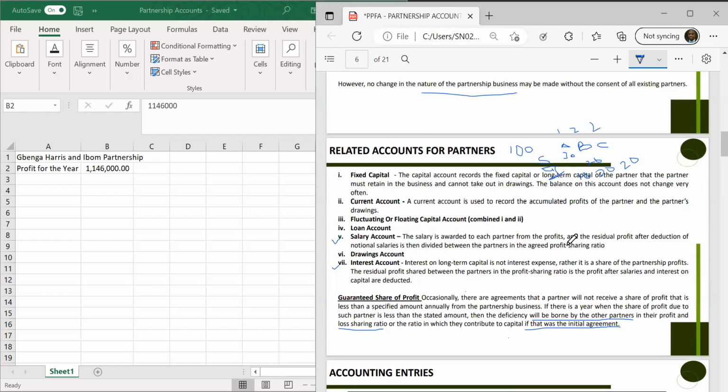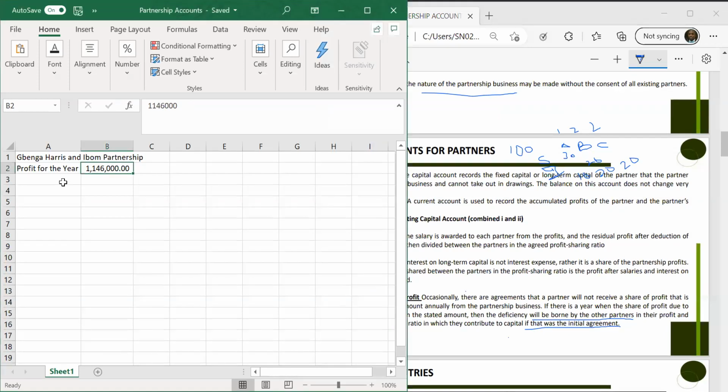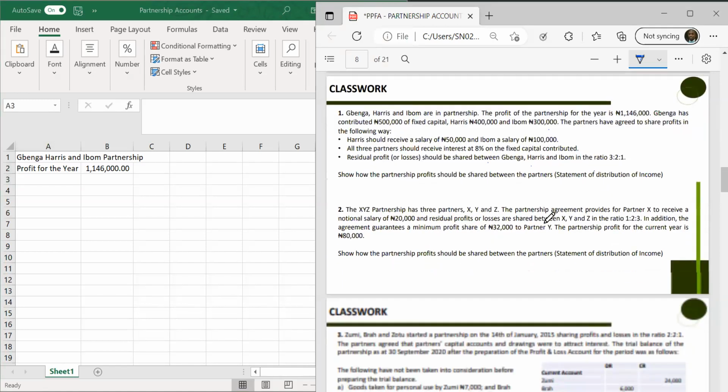Whenever there's salary here, you remove the salary and you remove interest on capital account. So before we start sharing the profit, let's go back to the question. Benga has contributed this, Harris has done this. The partners have agreed to share profits in the following way.